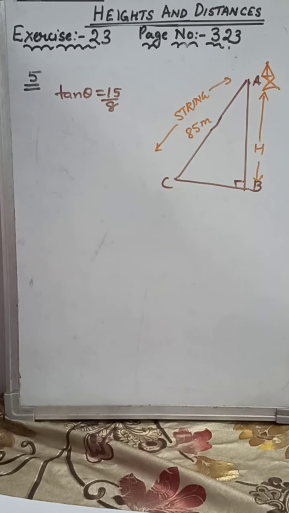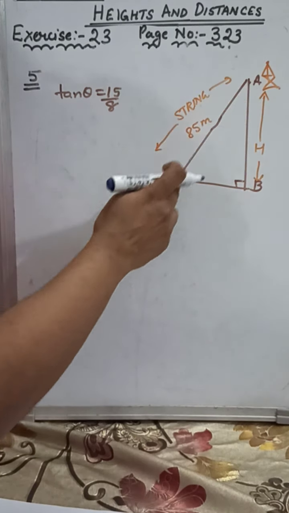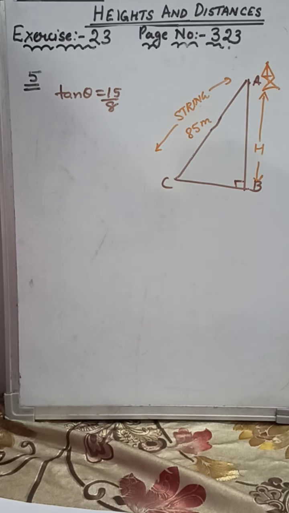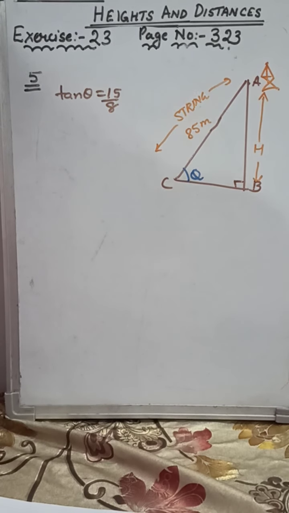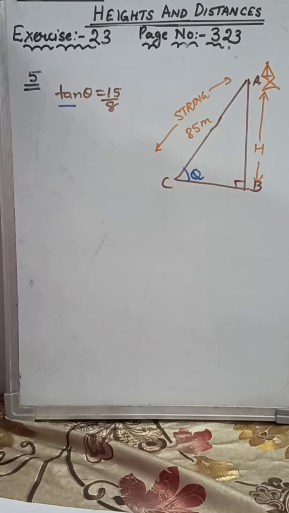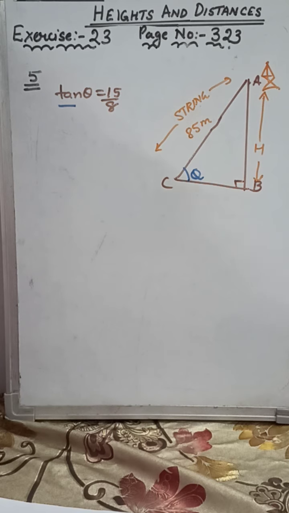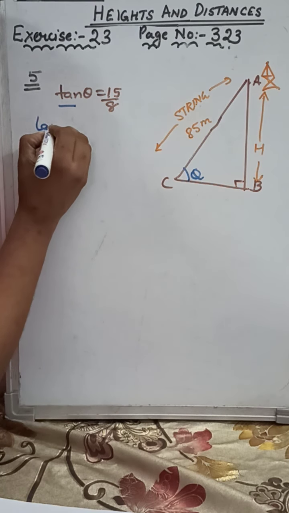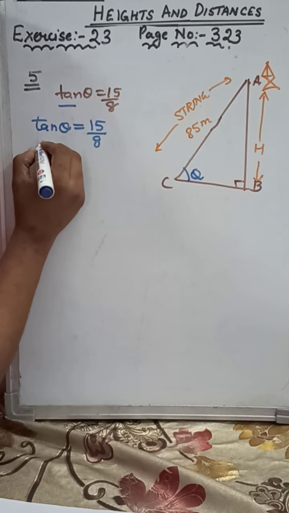Now question number 5. The question 5 is saying the length of the string. String means thread only. So the length of the string is 85 meter. Clear? If the string makes an angle theta with the level of the ground and tan theta is given to us as 15 by 8, we have to find the height of the kite. Clear? So tan theta is given to us 15 upon 8.